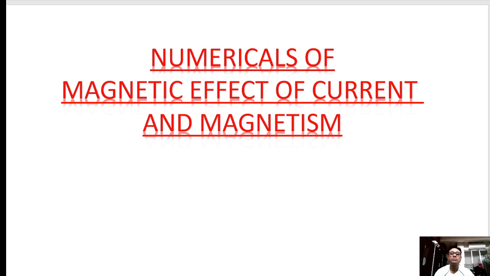Today we are going to study the numericals of the magnetic effect of current and magnetism. What I would suggest is that you first read the chapter on the magnetic effect of current and magnetism, which I have already uploaded.